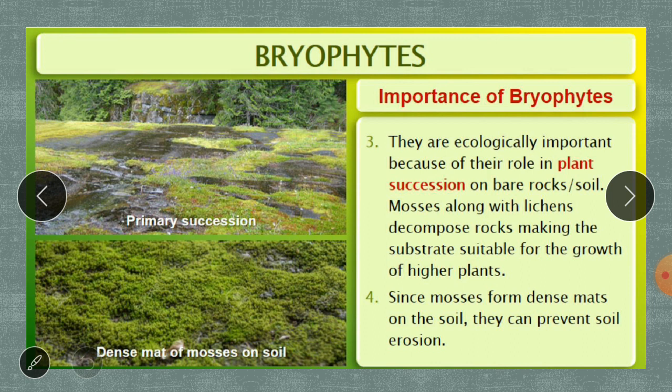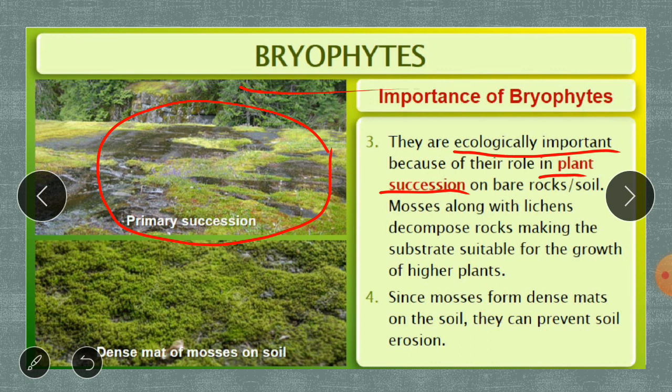Then we can see they are also ecologically important because they play a role in plant succession. That is, suppose you have a bare rock where nothing is growing. First on this bare rock, the plants which have the ability to grow are the bryophytes.